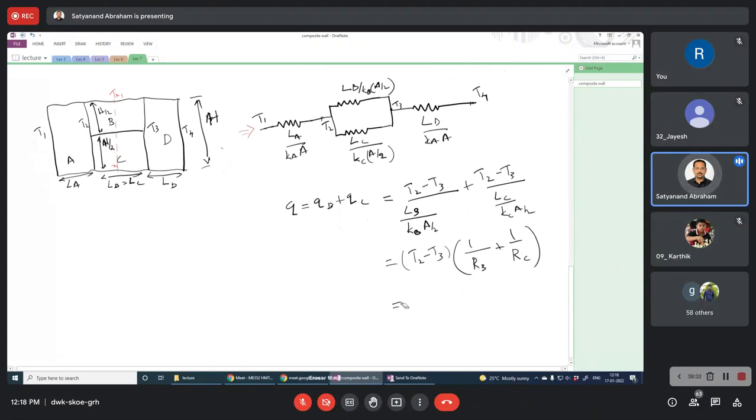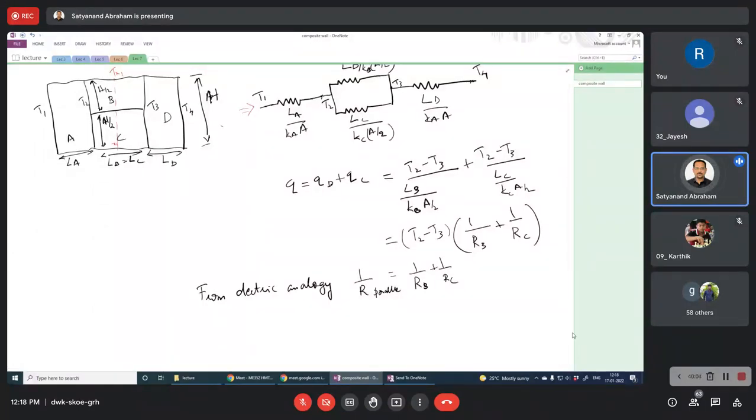This is okay for us because from electric analogy also, 1 by R parallel is equal to 1 by RB plus 1 by RC. That's what we write for parallel resistance, and that's what we get from thermal analysis also.